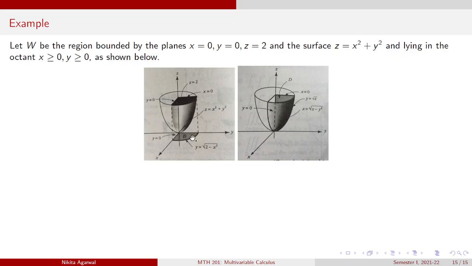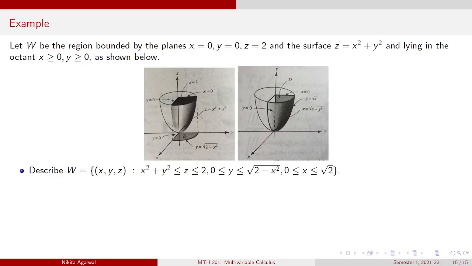And so you can think of it as an elementary region, where D, which is this, is an elementary region in R2, and z goes from x squared plus y squared to 2. So you can describe W as this collection where x goes from 0 to square root 2, y goes from 0 to square root of 2 minus x squared, and z goes from this bottom surface, which is x squared plus y squared, to the height, which is 2.